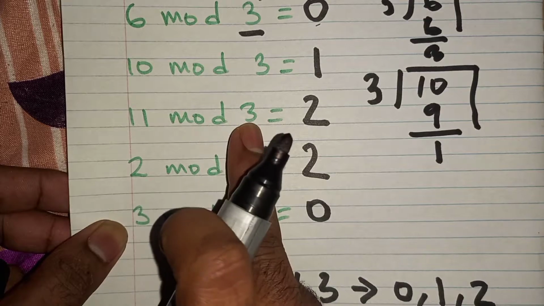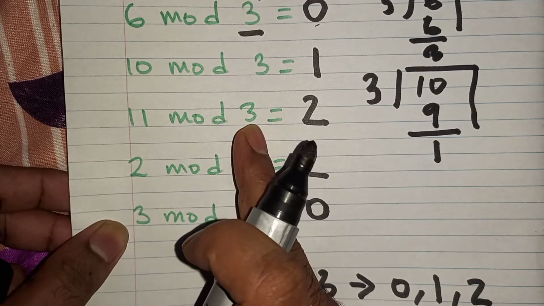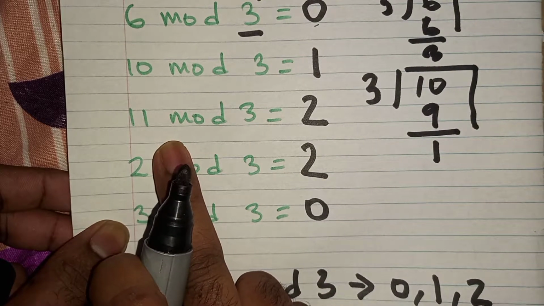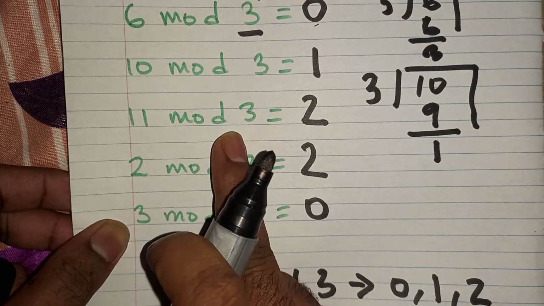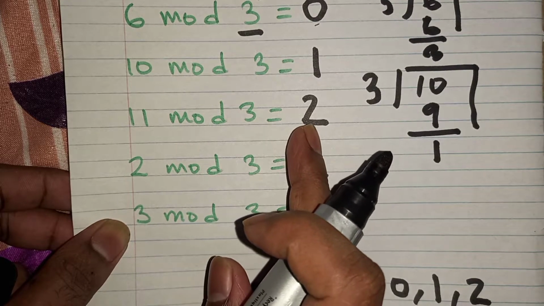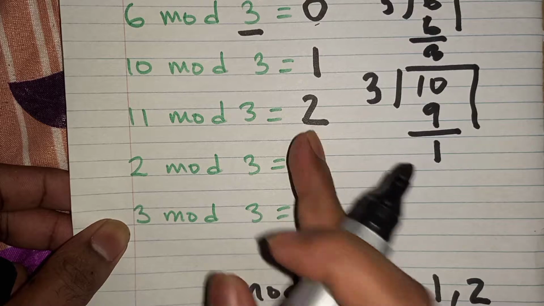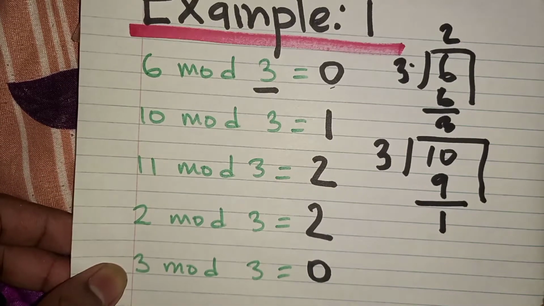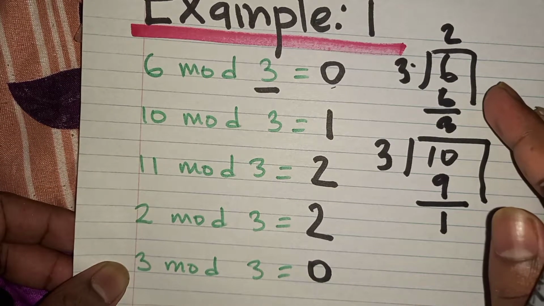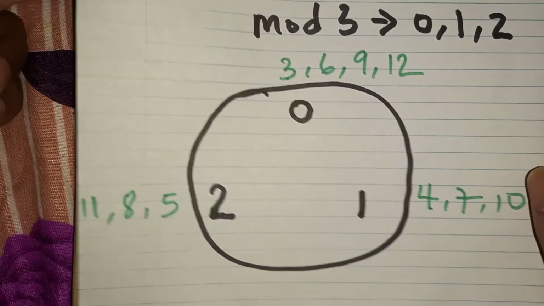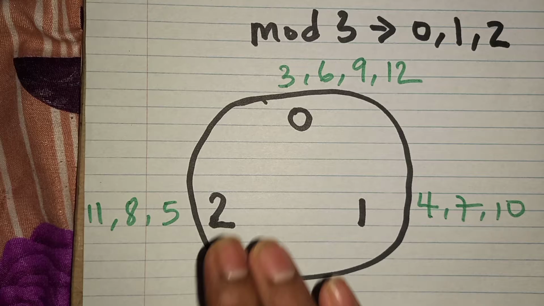Likewise for 11 divided by 3, 3 can go into 11 3 times, 3 3s are 9, 10, 11, we have 2 numbers remaining, so this is the remainder. So either way you can do, you can use the division method or you can use the circle method. Both methods work, right? Let's do example number 2.